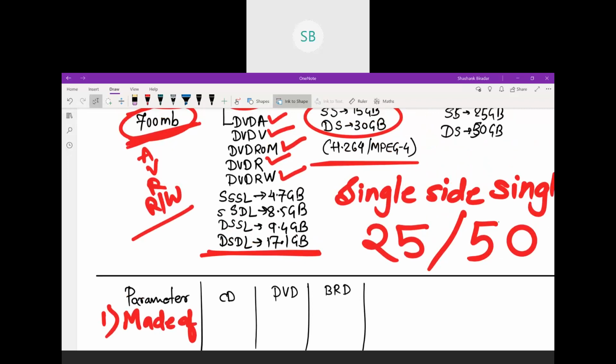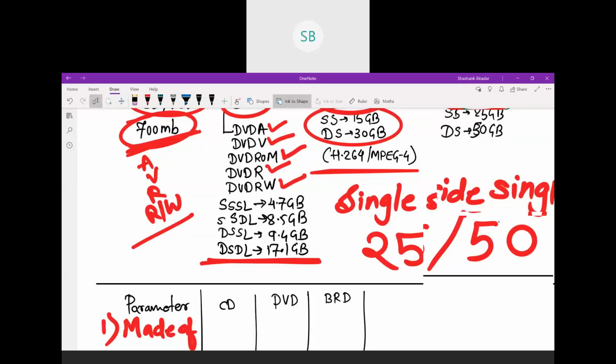As far as DVDs are concerned, it varies with respect to whether it is single side single layer, single side double layer, double side single layer, or double side double layer.